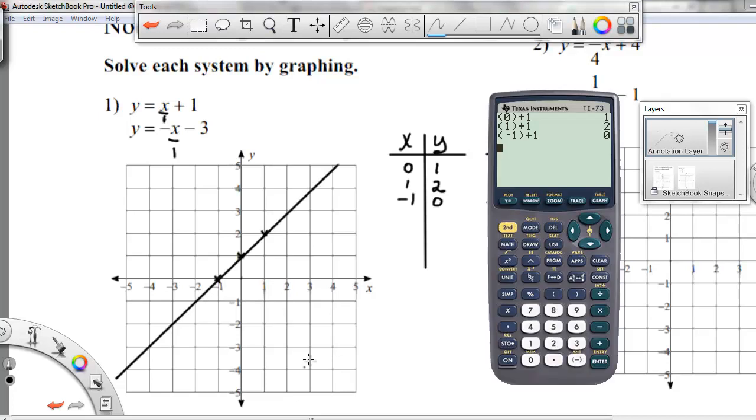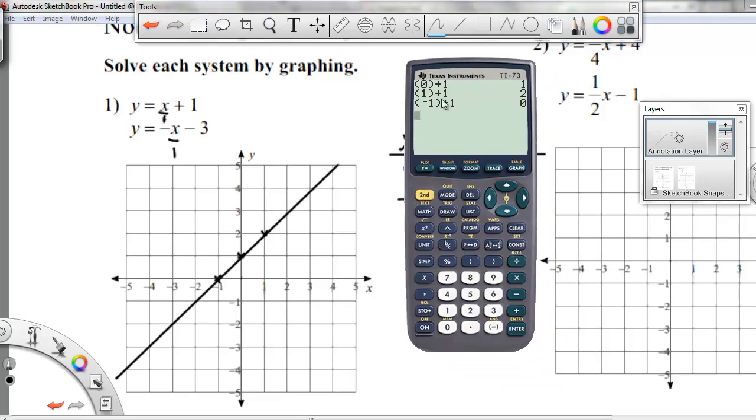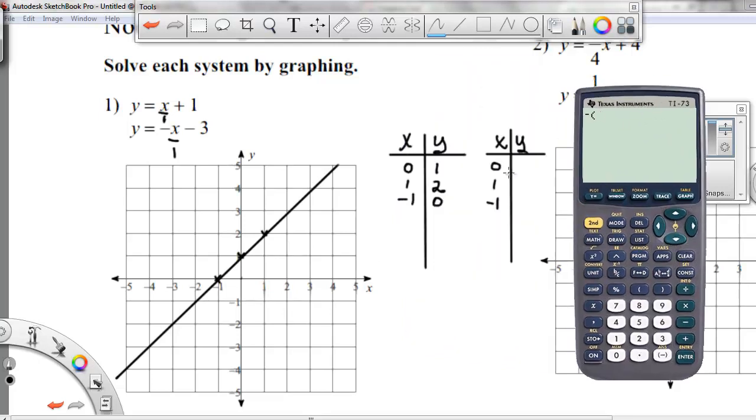Now, just like before, I will just simply use my calculator. Where I put a variable, replace it with a number, I'm going to use parentheses. I have a negative x. My first value is 0, minus 3. We put the 0 in there.